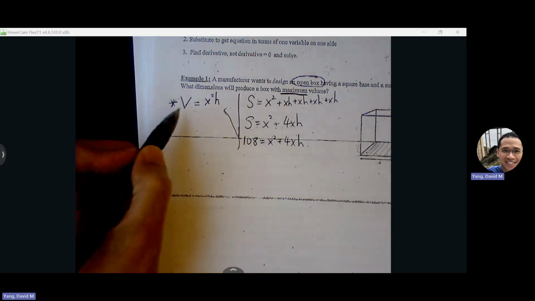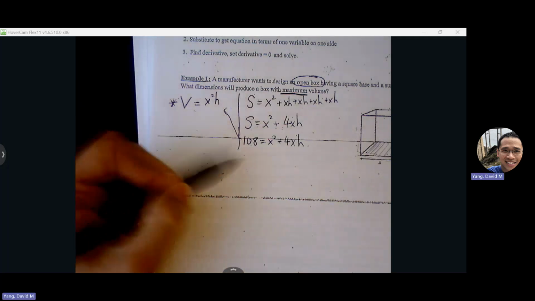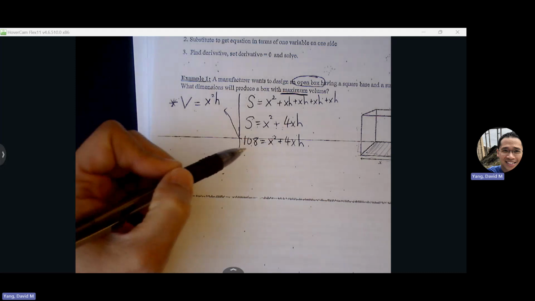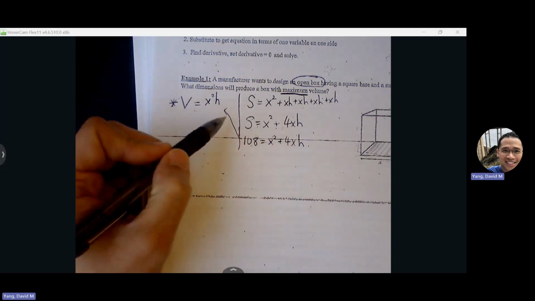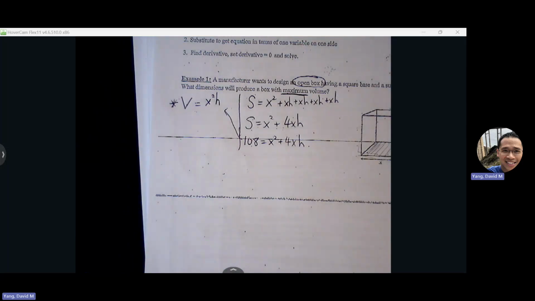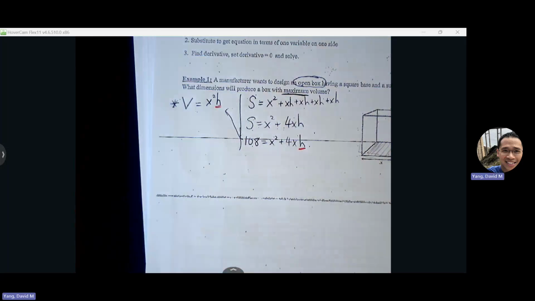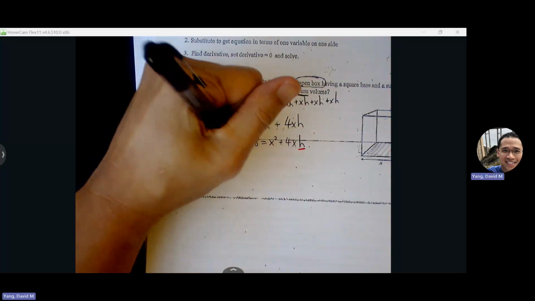So my whole goal is, can I get my primary equation down to one variable on the right side? Sometimes it's interchangeable in terms of which one you replace. So sometimes you're forced into just going down one path because the other path is not going to work out. So let's solve for h. And I'm going to replace h as well. Okay.